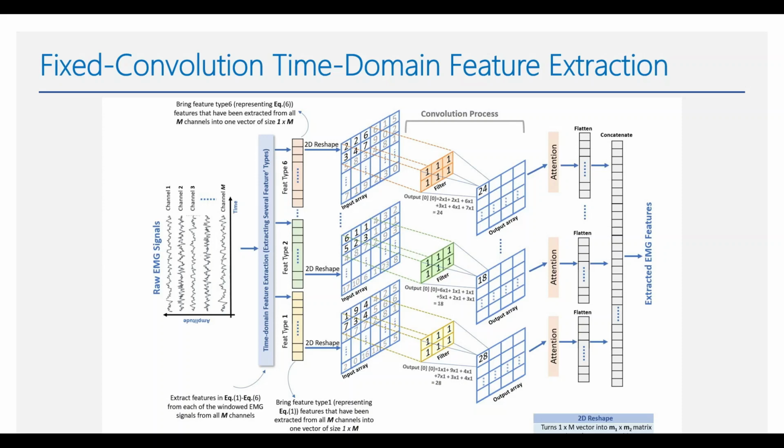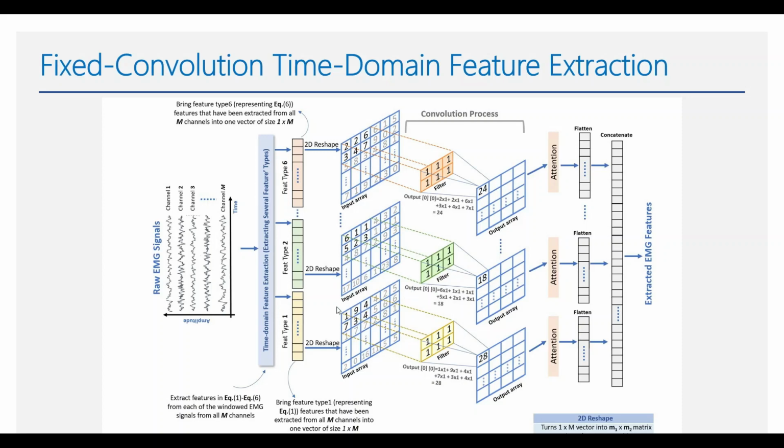You use a sliding window approach, and extract your typical time domain features from each of the windows, like root mean square, zero crossing, waveform length, etc. Then you reshape it into a 2D matrix, and you bring your kernel, which is made of ones, unit kernels, and you do your convolution process.